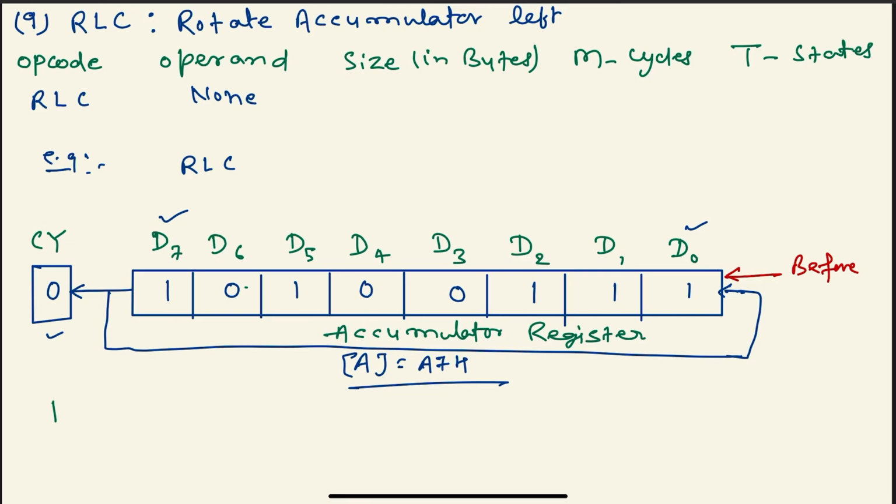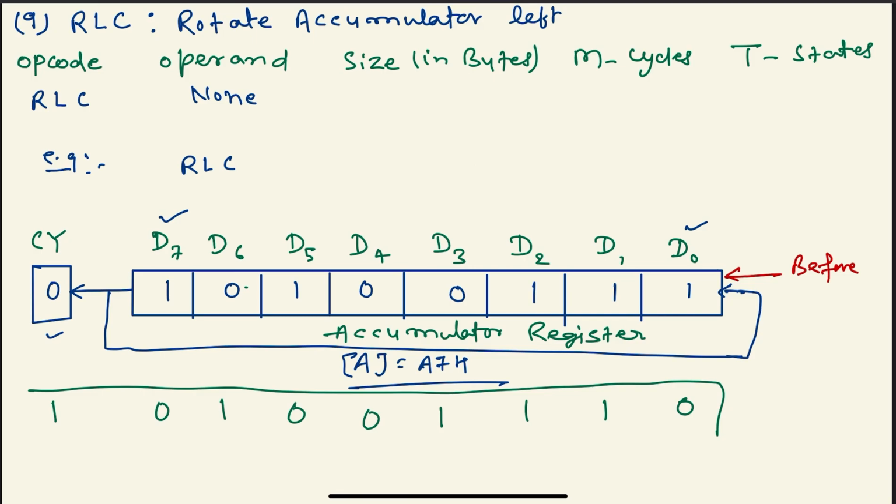Here the D7 bit will now become 0, then this will become 1, then 0, then 0, then 1, 1, 1, and the last will become 0. This is the data we will obtain after execution of this instruction.